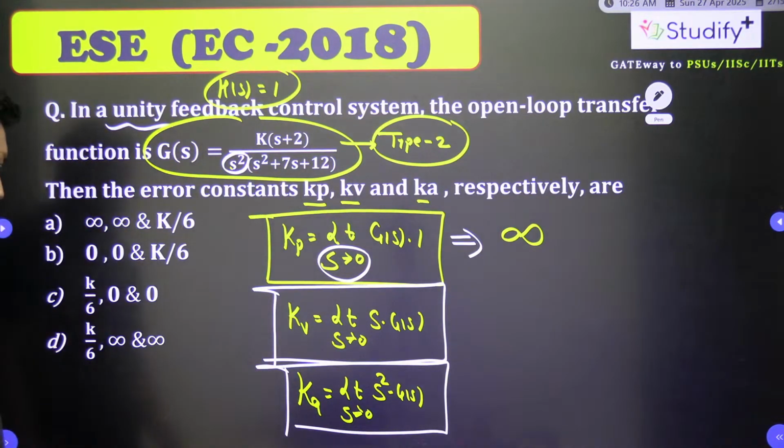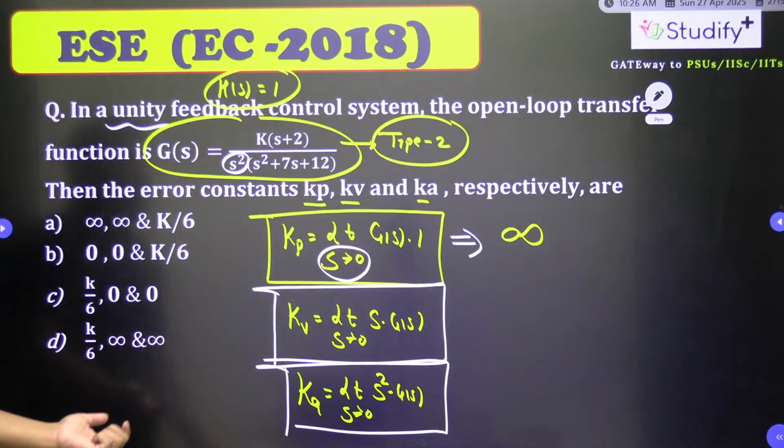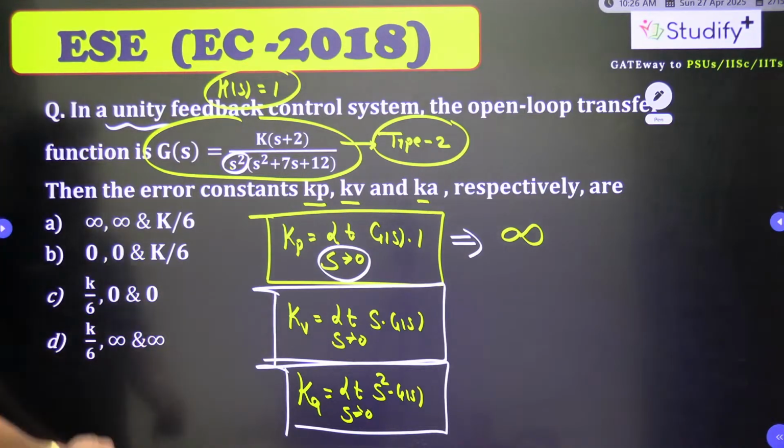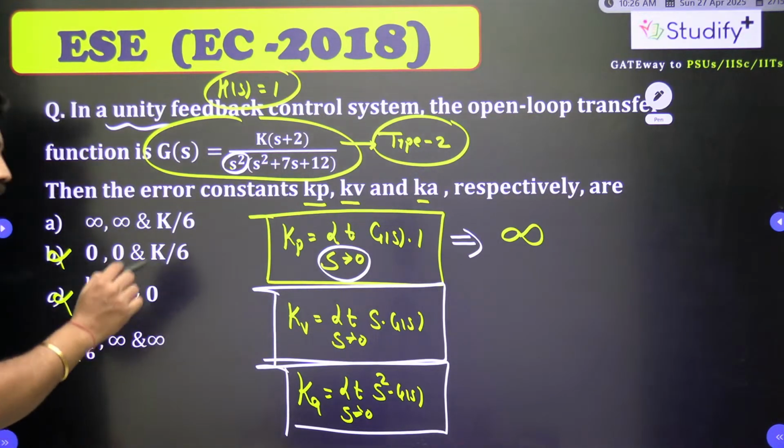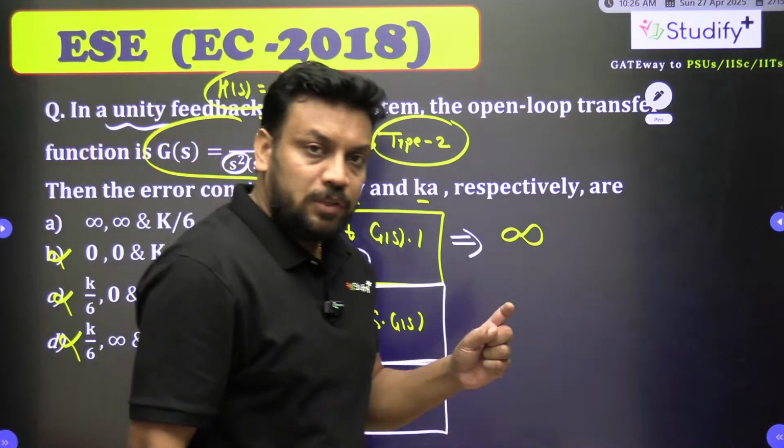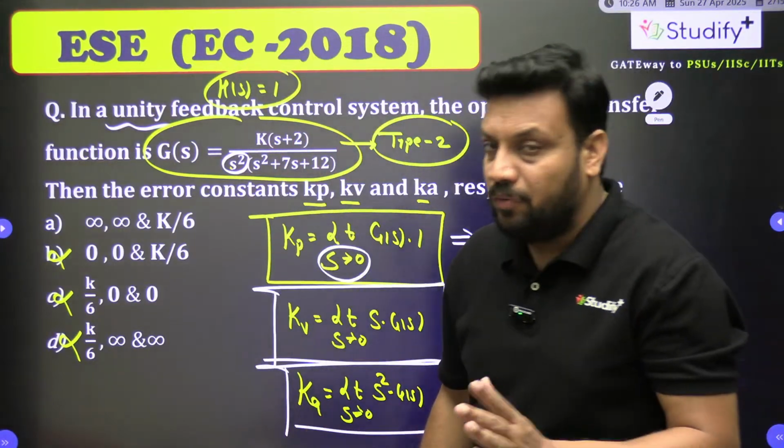Yes sir. And because the options here allow us to eliminate B, C, D directly, as far as competition exams are concerned, you should not waste your time.